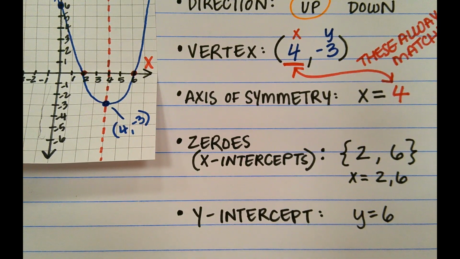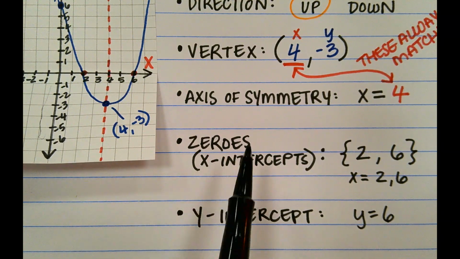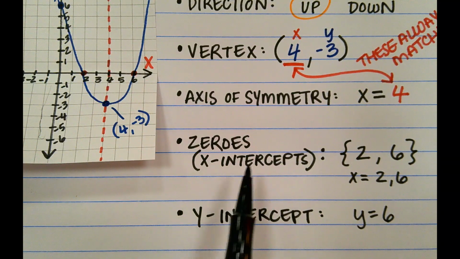There we go. Should usually have 2 zeros, 2 x-intercepts. Usually 1 y-intercept. There are special cases, but we'll run across those, I'm sure, at some point today.